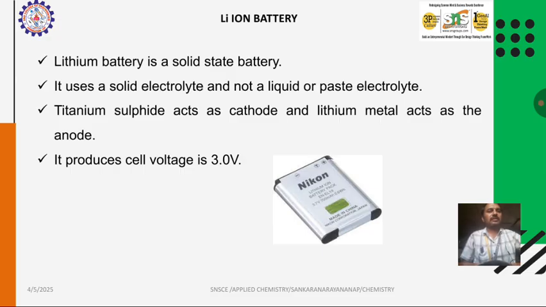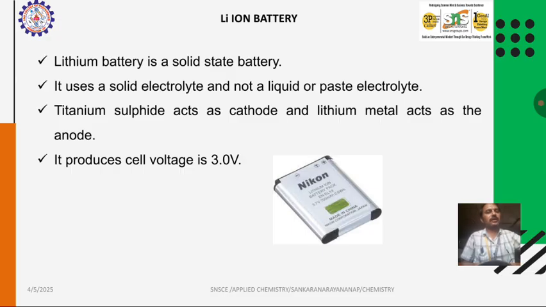In this case, we are using lithium as the source of energy storage. The cell produces a voltage of around 3 volts. It's a 3 volt battery. The electrolyte is a solid electrolyte, not a liquid or paste electrolyte.